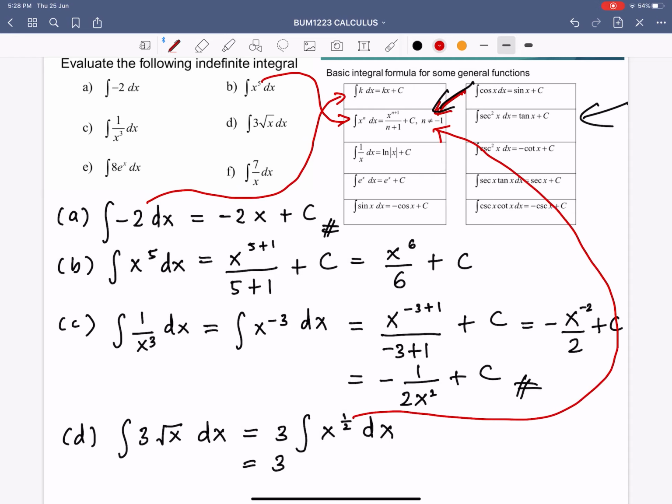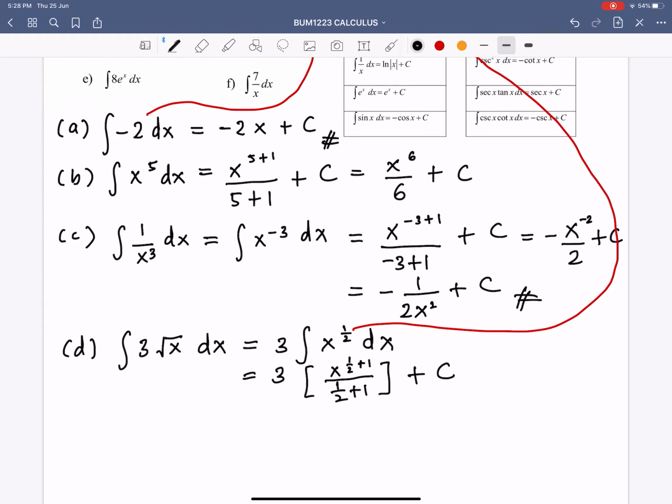So here we have x times 3 times x power of 1 over 2 plus 1 over 1 over 2 plus 1 plus c. Whenever we start to write the antiderivative, we straight away have plus c at the end of your answer.